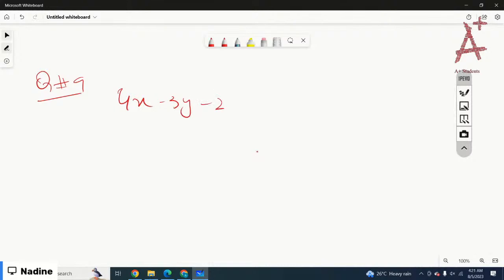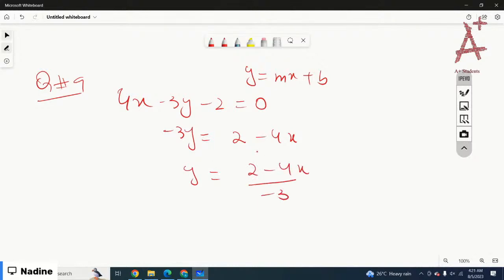Let's just rewrite this equation in the form y equals mx plus b, right? Okay, so it would be 0 equals... Minus 3y equals 2 minus 4x, right? Divide both sides by negative 3. It would be 2 minus 4x over negative 3.